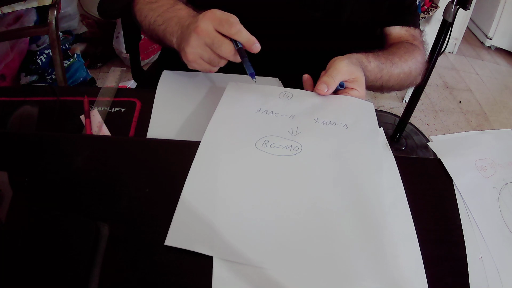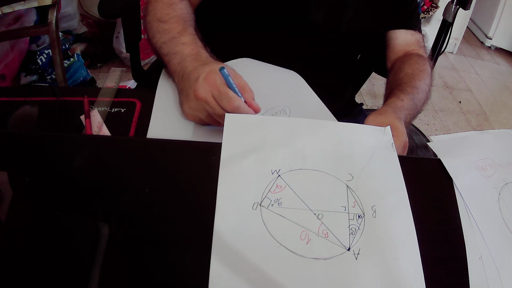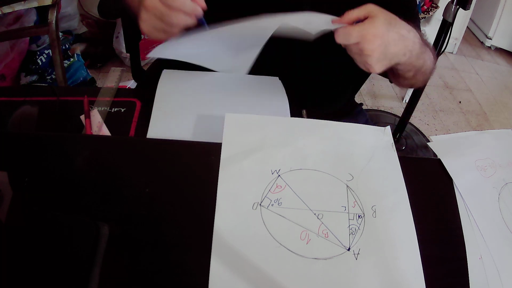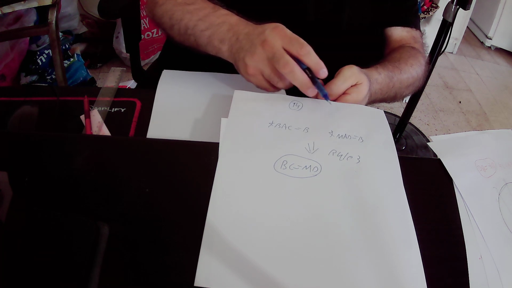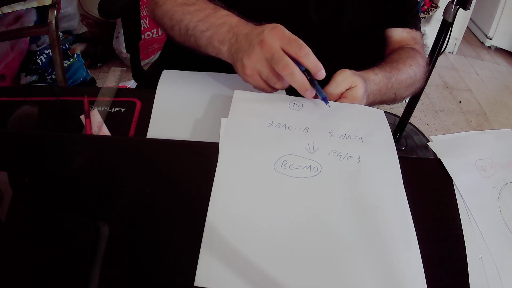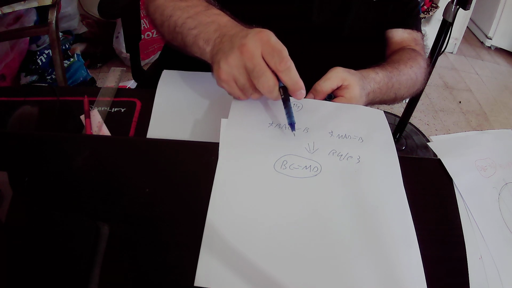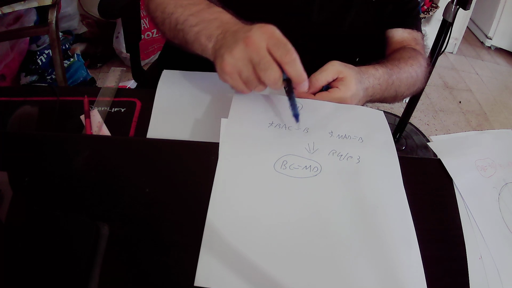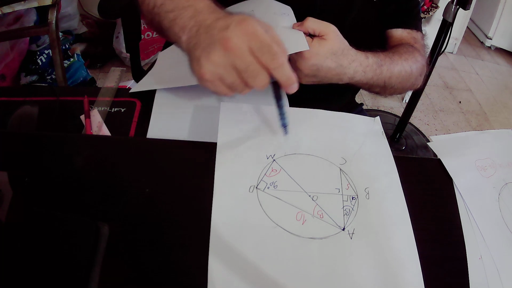Okay, so according to rule number 3, because those two angles equal to each other, BC equals MD. BC equals MD.